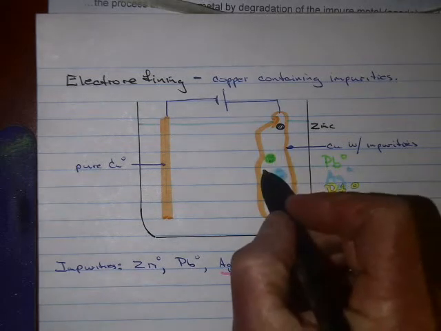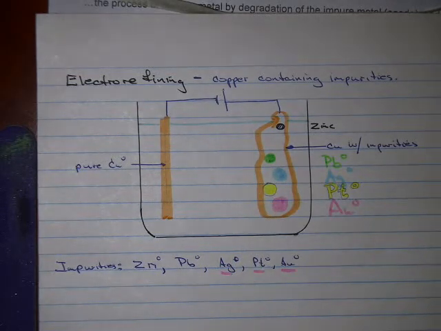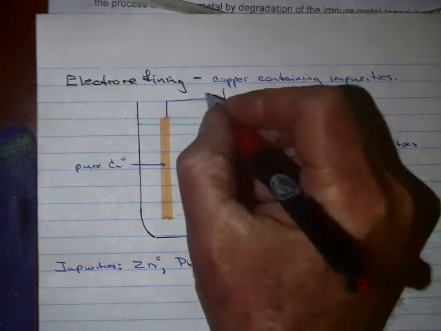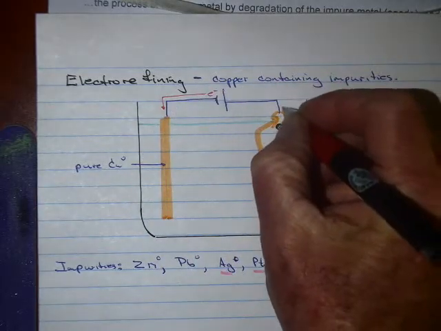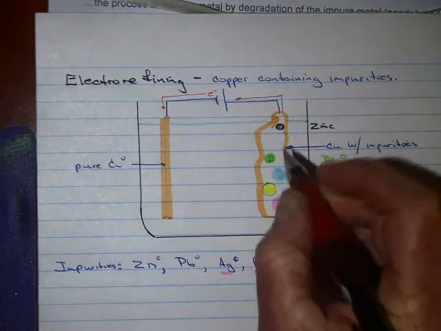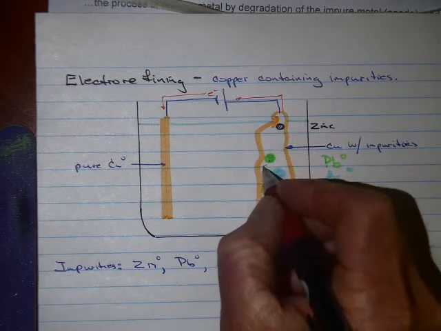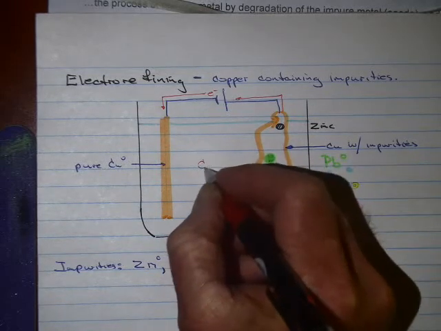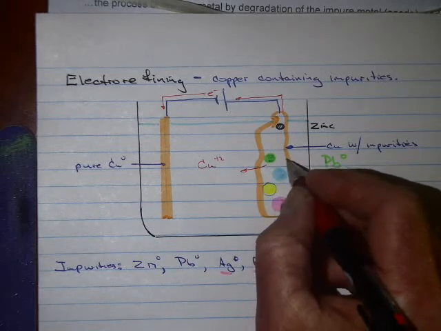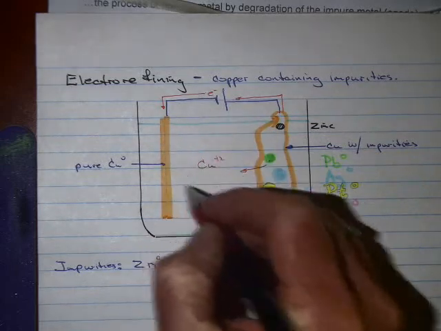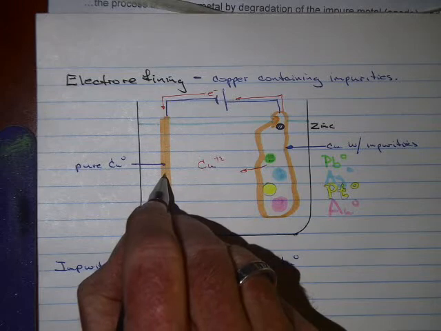So this chunk, what you should expect is electrons are going this way, and they're coming from here. The electrons will be taken from this copper chunk and transported around to the pure copper electrode over here.